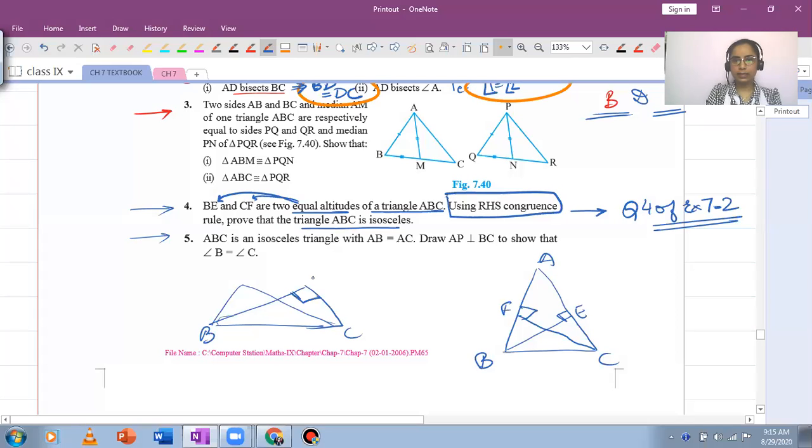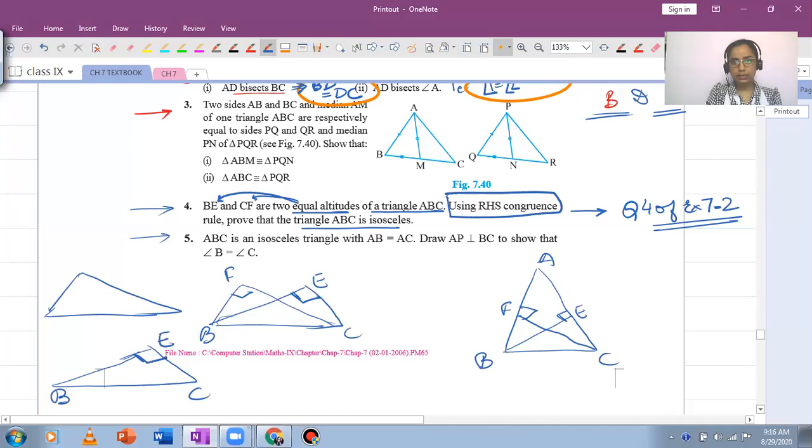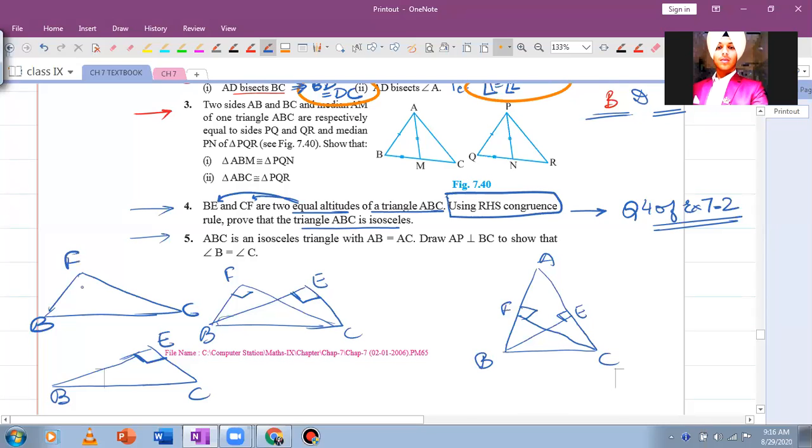They have a 90-degree angle at E, a 90-degree angle at F. If it helps, you can draw them separately. Let's just draw the 2 triangles on the base BC. So these are the 2 triangles I'm talking about. One is BCE, 90-degree angle here, and the other one is CBF, 90-degree angle here.